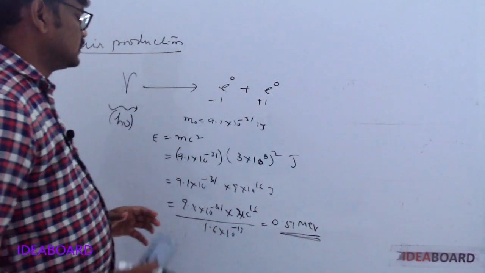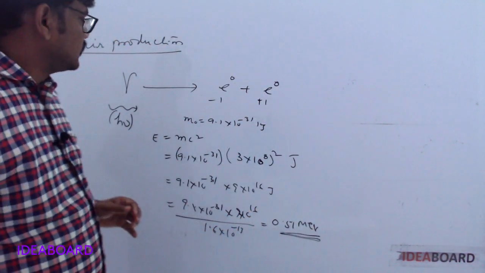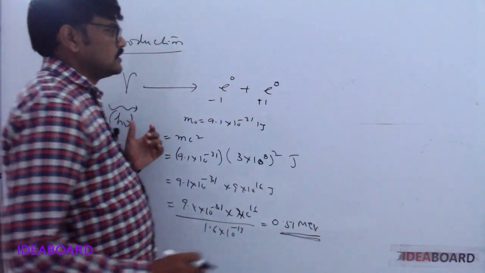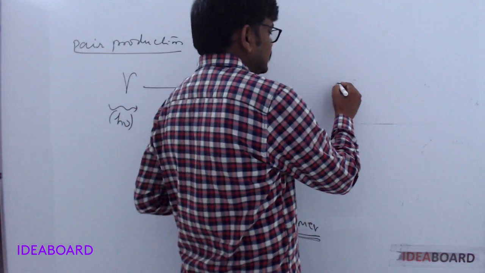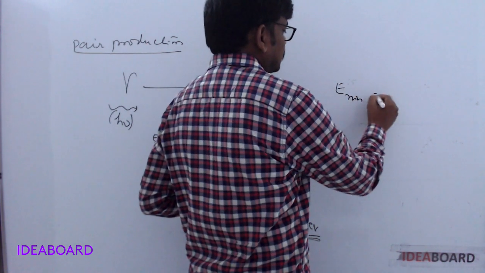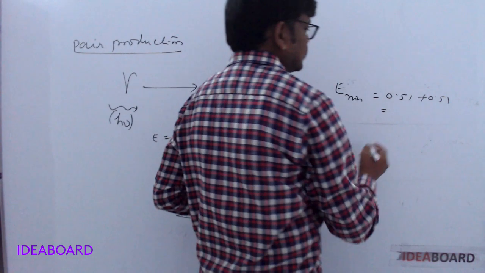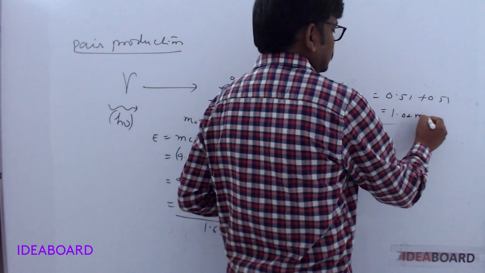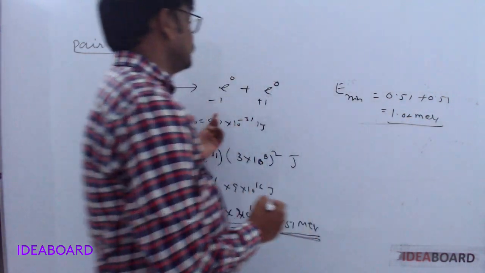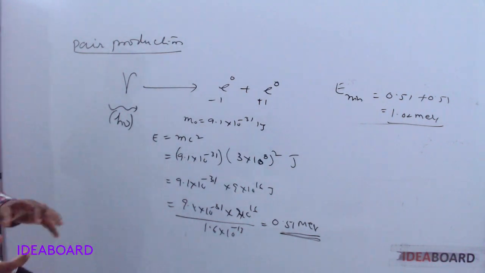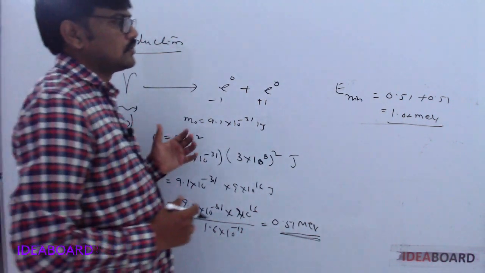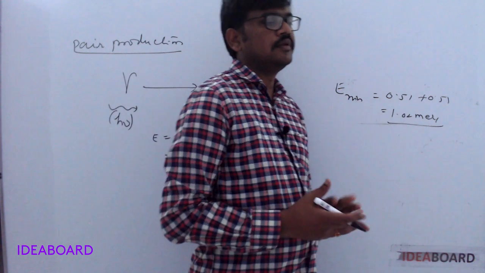So the minimum photon energy must be equal to 0.51 plus 0.51, that is 1.02 MeV to produce pair production. So the minimum energy of the gamma photon is 1.02 MeV.